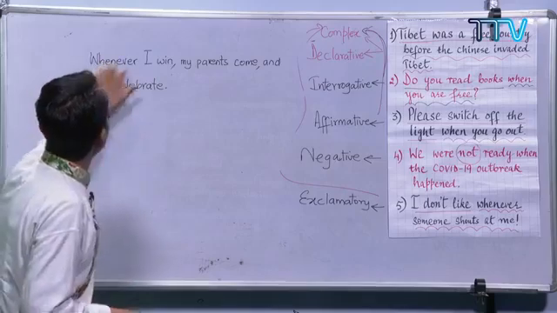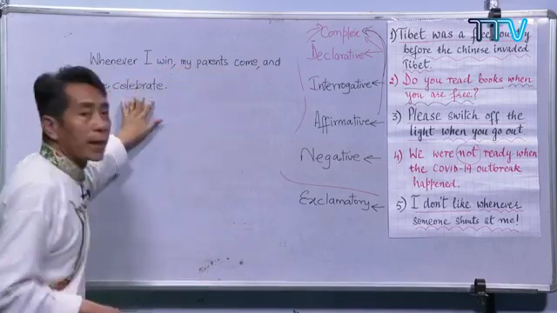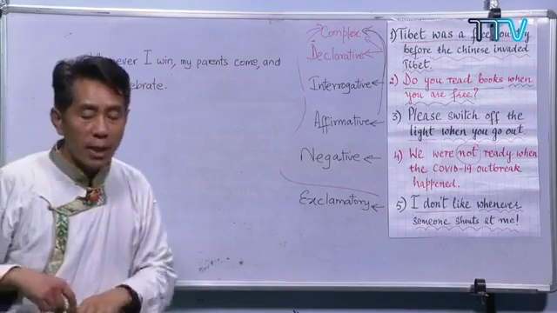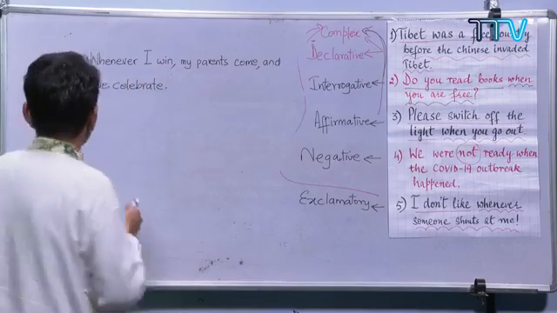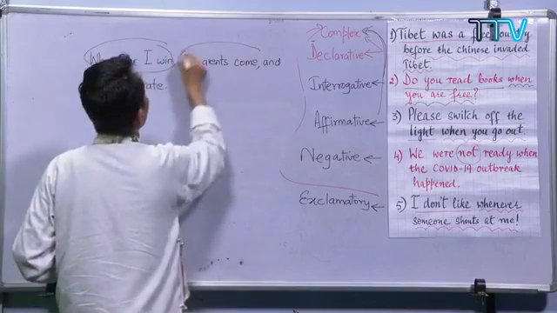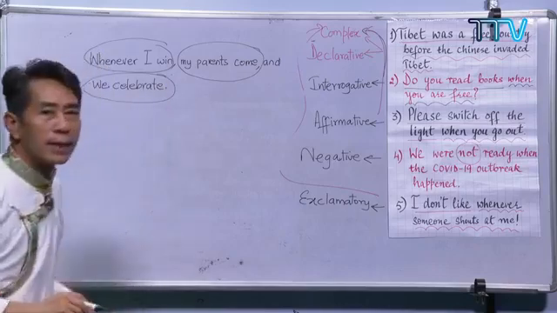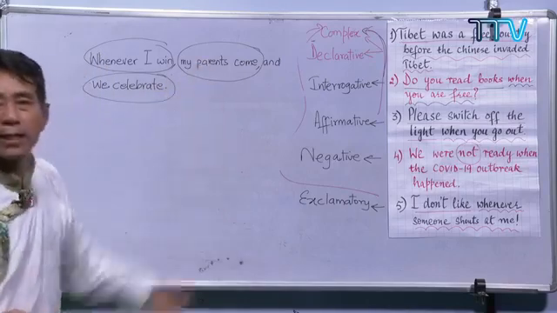So whenever I win, my parents come, we celebrate. They are basically three clauses. Now let us try to identify the clauses.